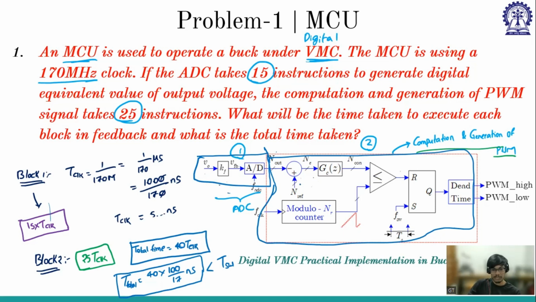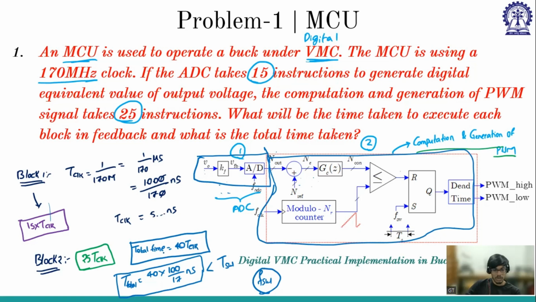So this plus this is 40 T clock, and the time from when the V0 sample is taken to the PWM generation should be faster and should happen within one switching cycle, right? If the switching frequency is FSW, the time period is TSW.